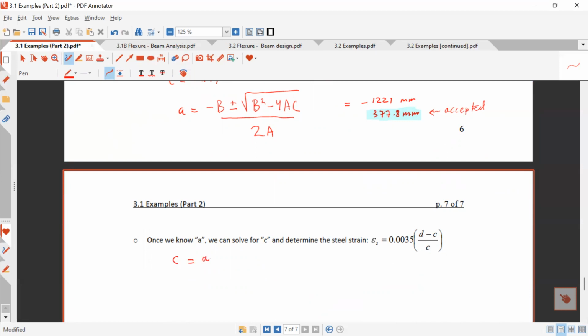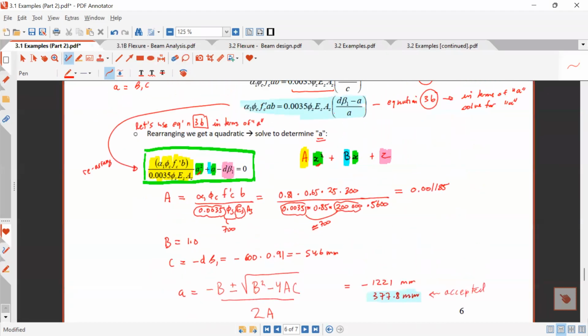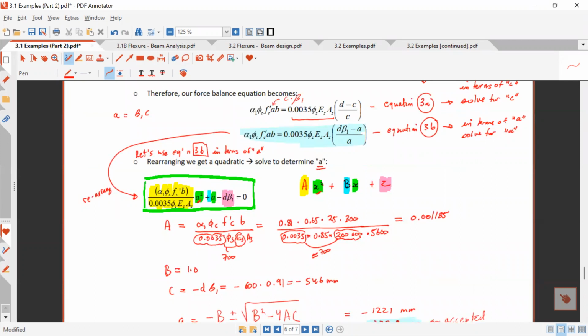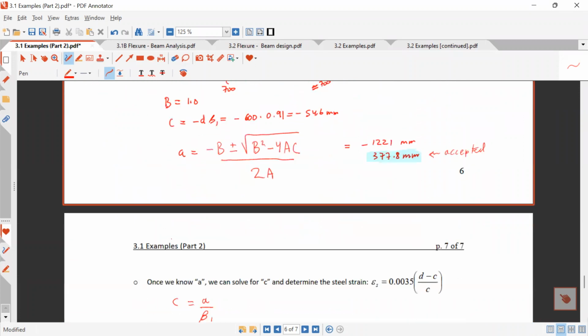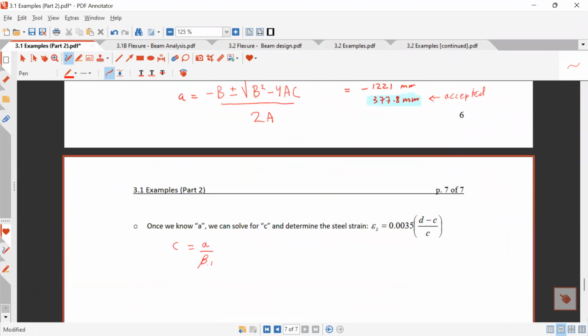C is just A over beta 1, because I solved for A. If I had used equation 3A, I would get C right away. But we used equation 3B and solved for A, so now we need to convert it to this C value. So this is just equal to 377.